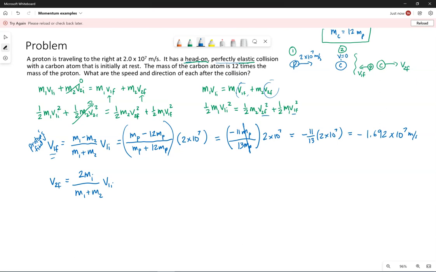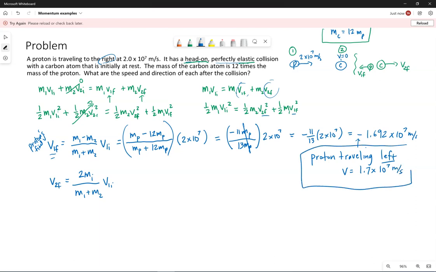Okay, so what this means is the proton is traveling to the left, opposite the direction it was moving. In the problem, it said it was moving to the right initially. The negative sign means it's traveling to the left, and it's traveling essentially with the same speed, or 1.7 times 10 to the 7th meters per second. So it's not going as fast, but it's also completely headed in the opposite direction.